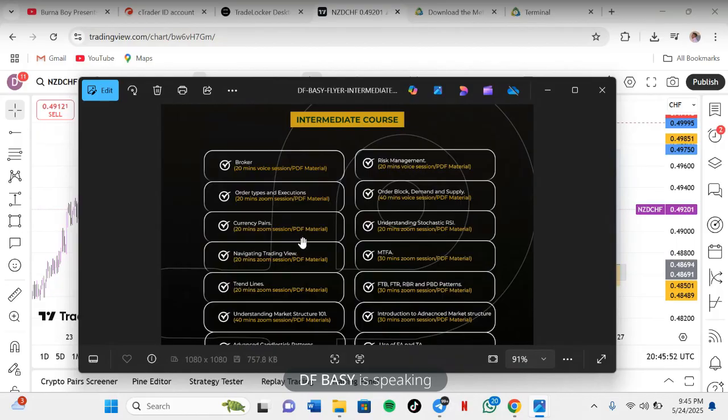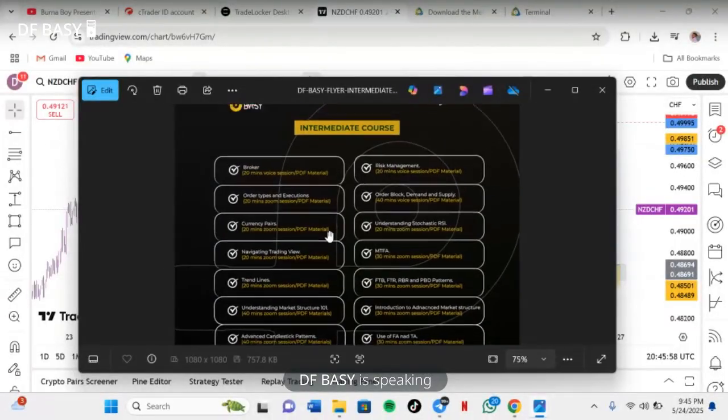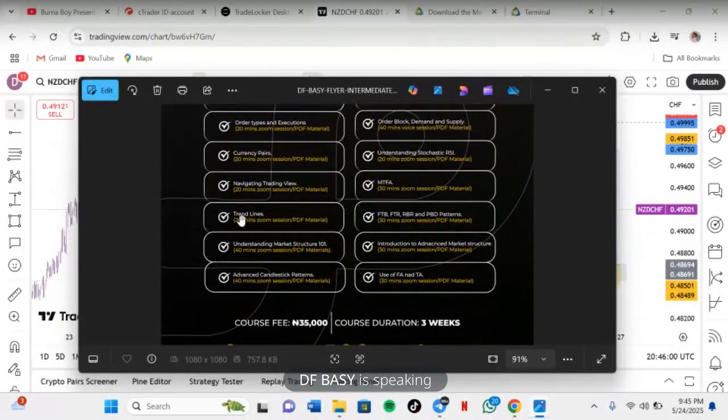I'll throw more light on currency pairs, and navigating TradingView. I just showed you how to use TradingView, but I'll do it in depth in the intermediate course. Then trend lines, understanding market structure, advanced candlestick patterns, and MTFA, multi-time frame analysis.